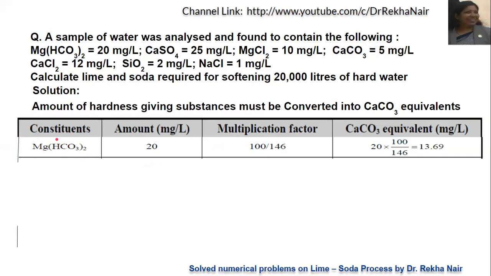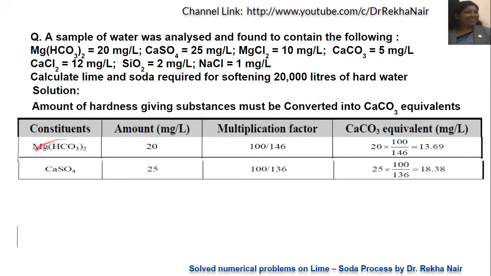Hydrogen is 1. Carbon is the 6th element, atomic mass is 12. Oxygen is the 8th element, its atomic mass is 16. So HCO3, if you sum up all the atomic masses, will come out to be 61. 2 times 61 plus 24 will come out to be 146.